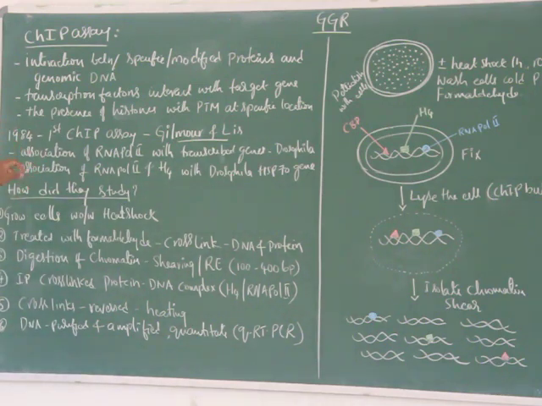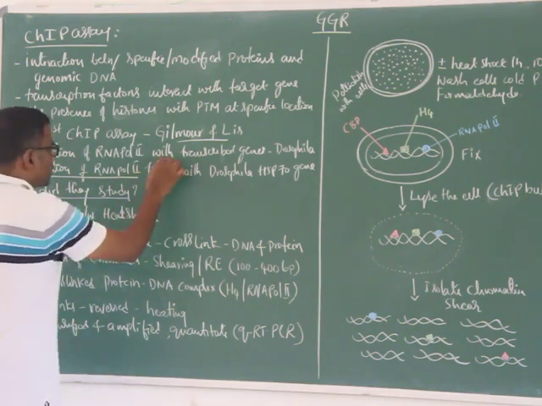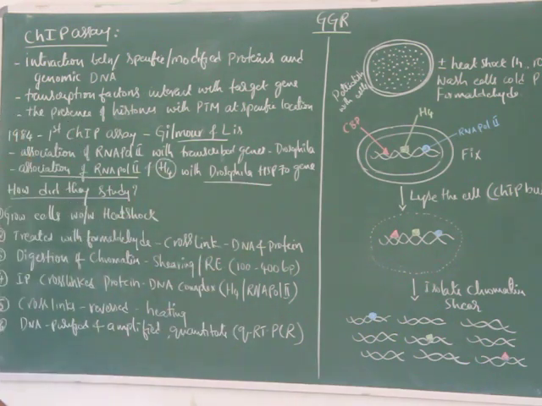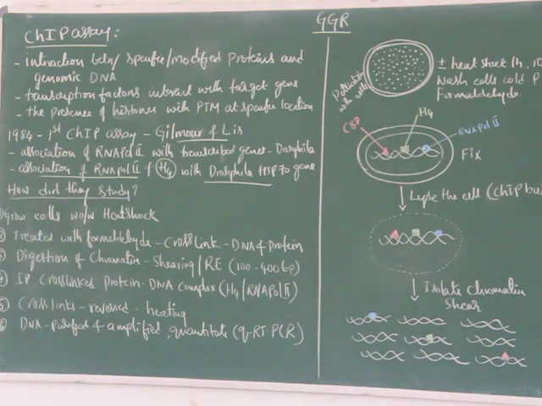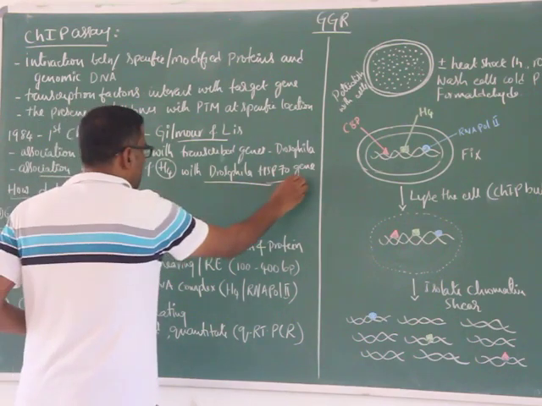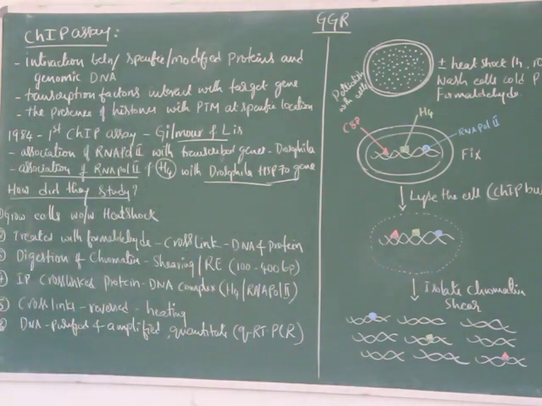In that, they wanted to see association of RNA polymerase II and H4 with the Drosophila HSP70 gene. They wanted to check how that RNA polymerase II and H4 can interact with the promoter region of HSP70 gene.